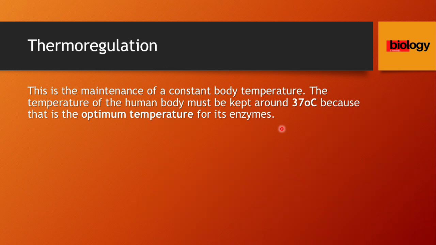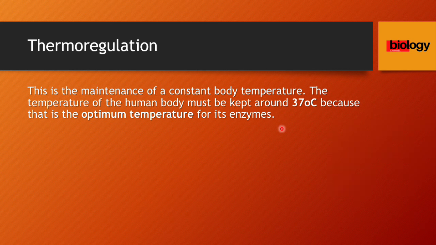Now body temperature is normally generated by metabolic reactions that are taking place in the liver. Not only that, but when it's cold, you shiver, isn't it? When you're shivering, your muscles are vibrating, and as you are shivering, you are simply generating heat. So those are some of the ways in which body heat is generated.